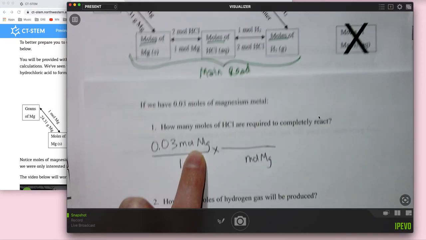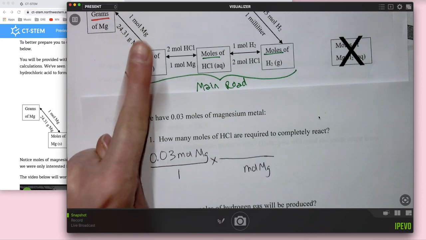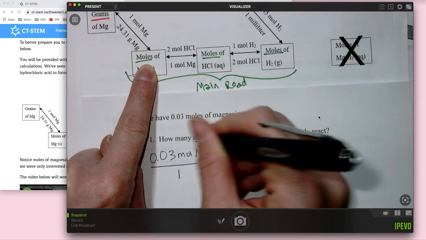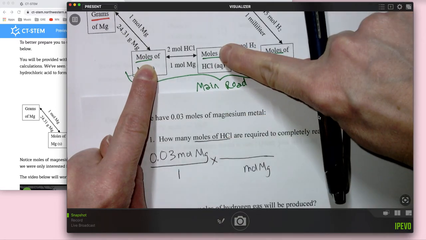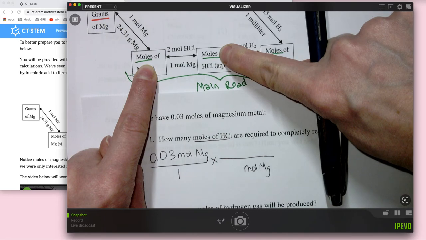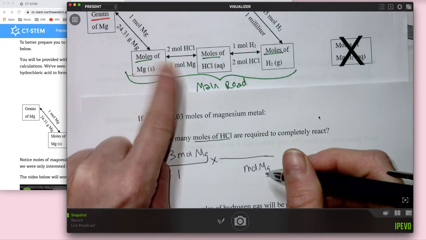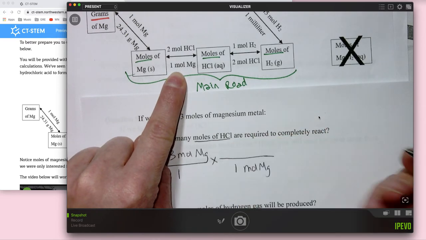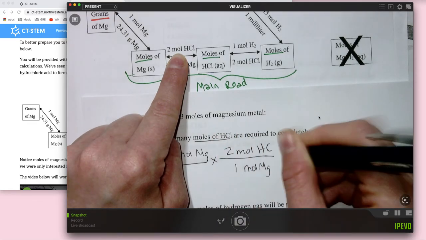Okay, and then I look at my map. Here's mole of magnesium. This is where I'm going to start, and I'm trying to get to moles of hydrochloric acid, which is right next door. So I only need to go through one conversion factor to get there. Because mole of magnesium is here, I'm just going to put the 1 mole of magnesium, and then I put 2 moles of hydrochloric acid at the top.